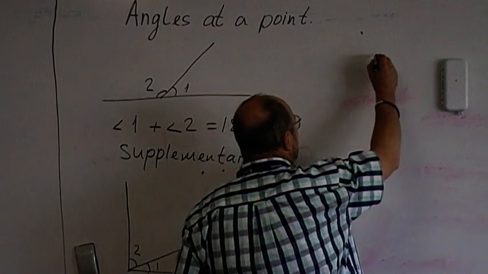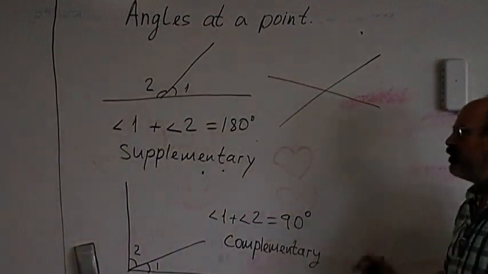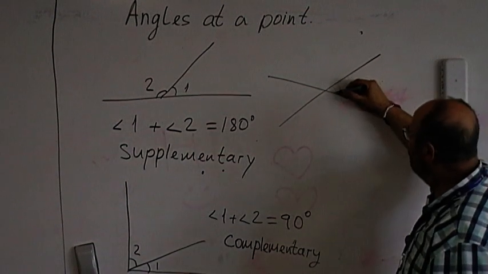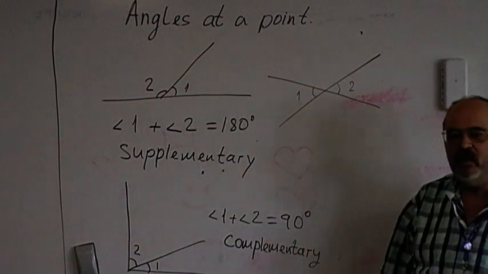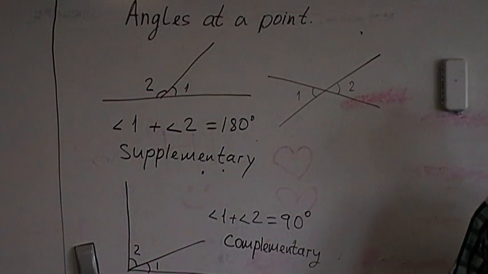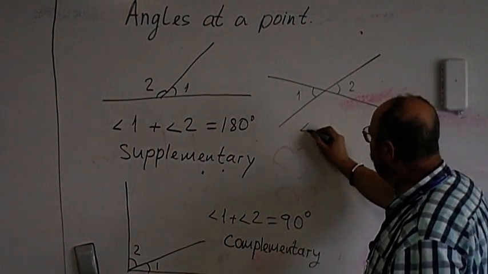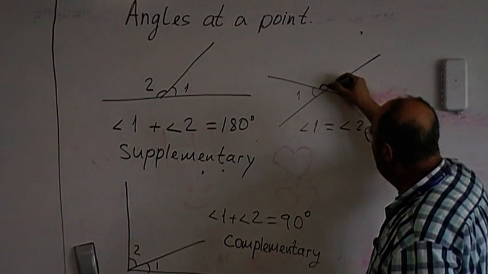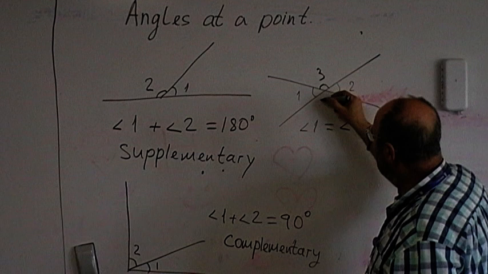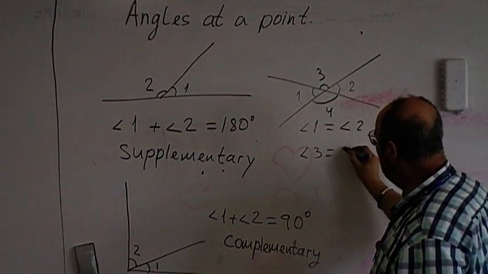And if we have two lines crossing each other, how do we name the angles? Vertically opposite angles. They are equal. So angle 1 will be equal to angle 2, and angle 3 will be equal to angle 4.